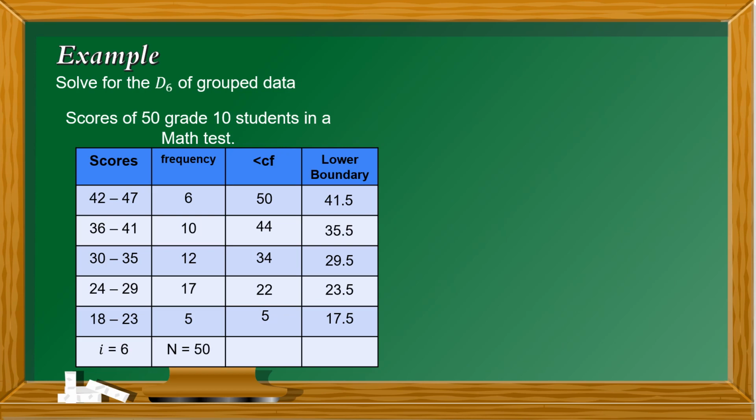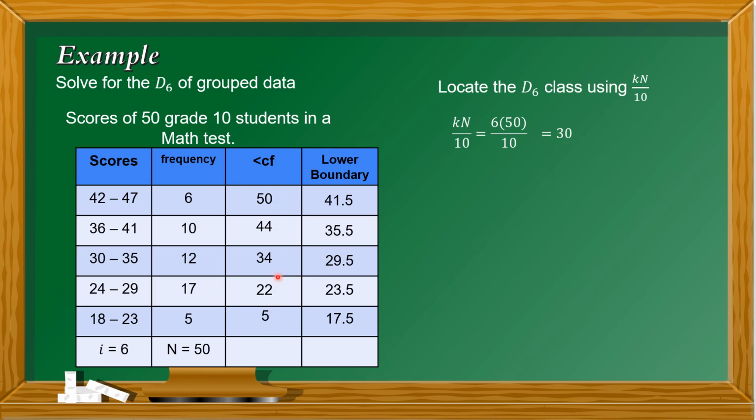I-solve naman natin ang 6th decile. Locate the 6th decile class using kn over 10. Substitute the value of k by 6 and n by 50. 6 times 50 over 10 is equal to 30.